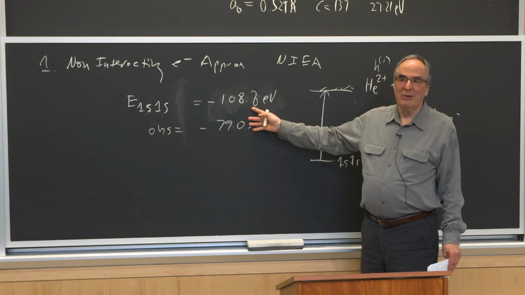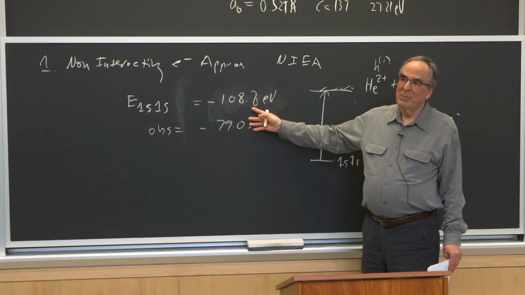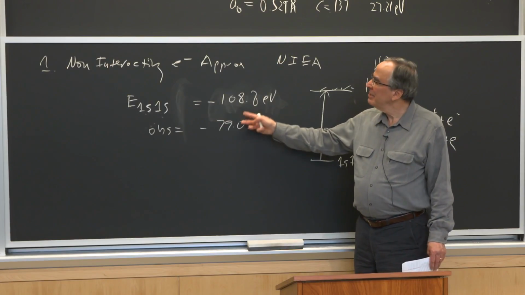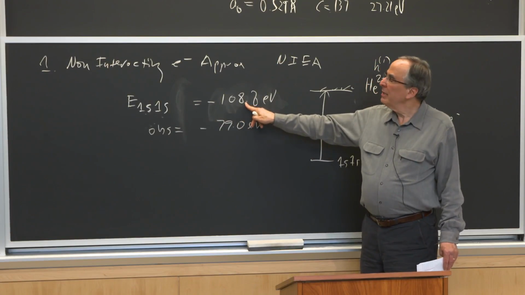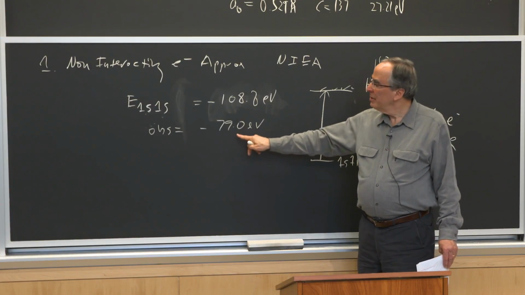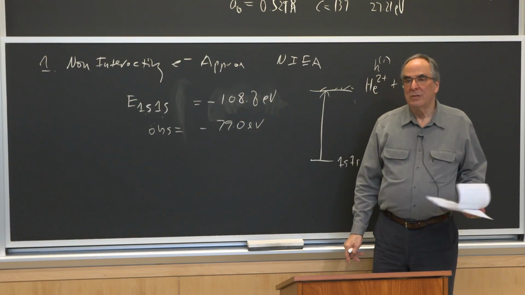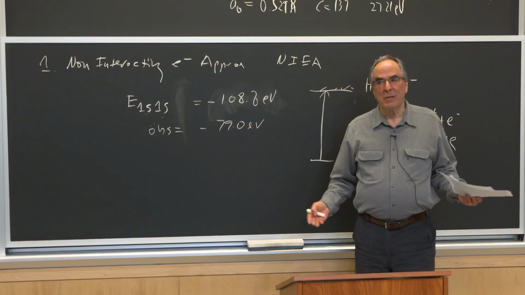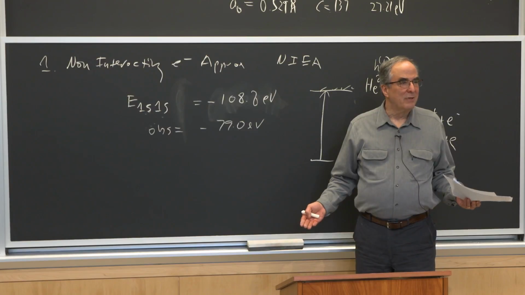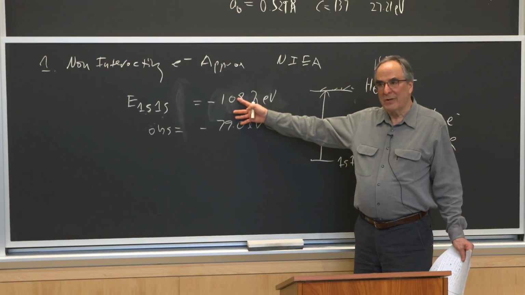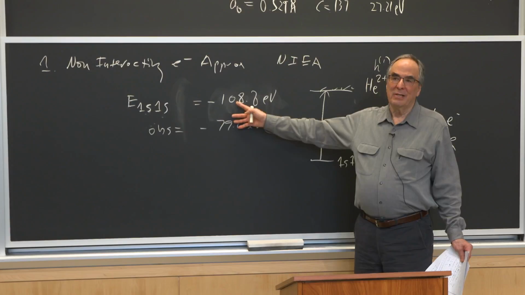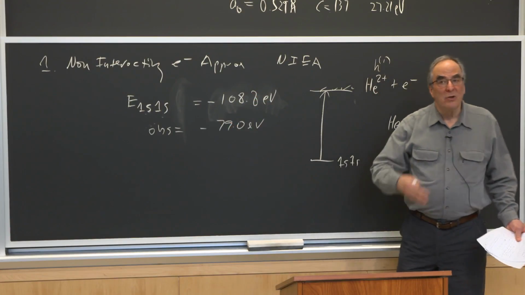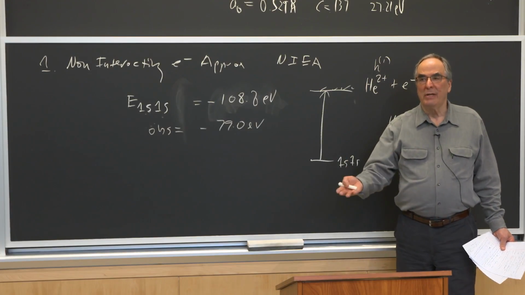It's not even off by a factor of 2. But almost everybody in this room is a chemist. And this difference between the calculated value and the observed value is 30 electron volts. A chemical bond is typically 5 electron volts. So this is totally ridiculous for chemistry. We can't use it. We don't even want to think about it, because it's an order of magnitude away from what we need.